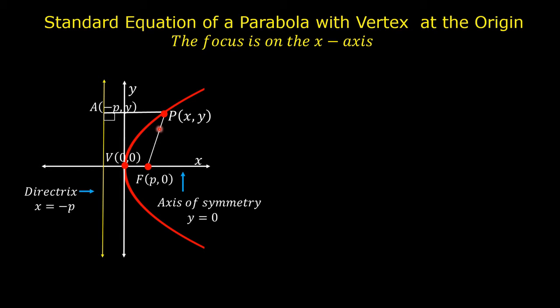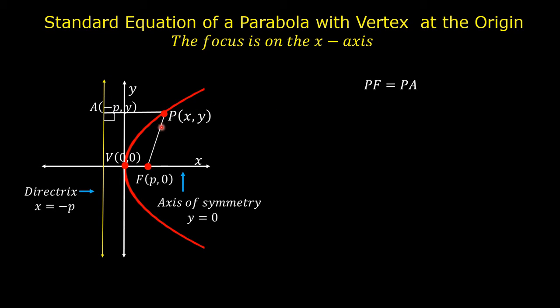According to the definition of a parabola, every point on the parabola is equidistant from the focus and the directrix. That is, the distance of P from the directrix is equal to the distance of P from the focus or from F. So we have PF is equal to PA.